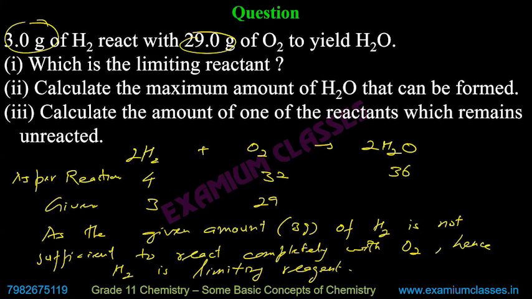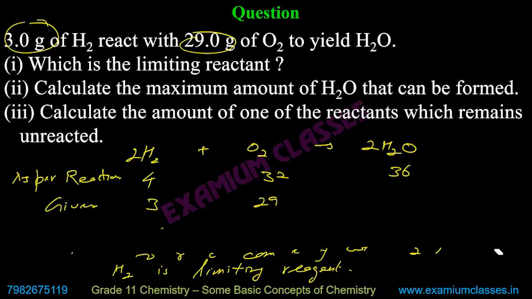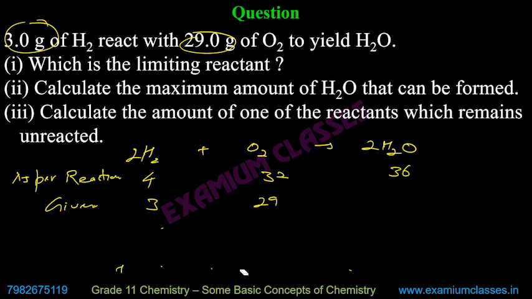Otherwise, there is a way of unitary method. And some teachers will ask you to apply the unitary method to find out which one is the limiting reagent. How will you do that? In that case, first, you will write the same thing, as per balanced reaction, and then as per the question.